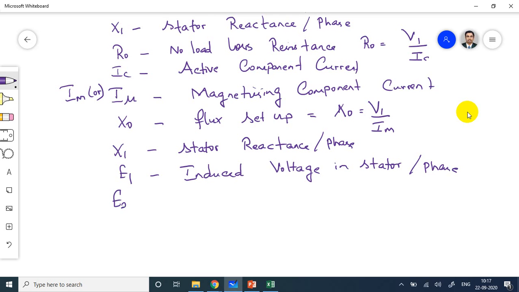And E2 stands for rotor induced EMF per phase on standstill.